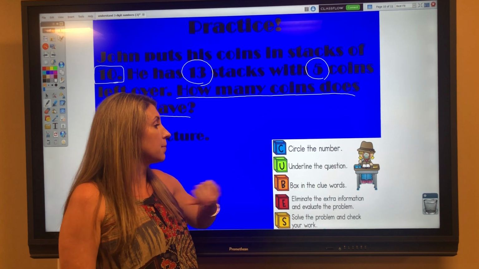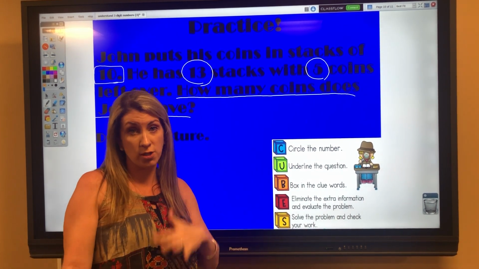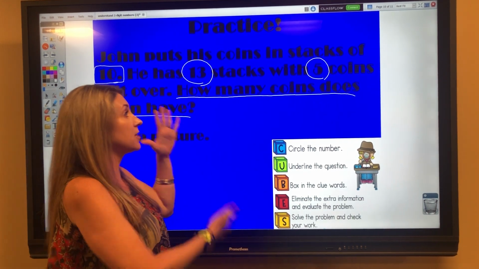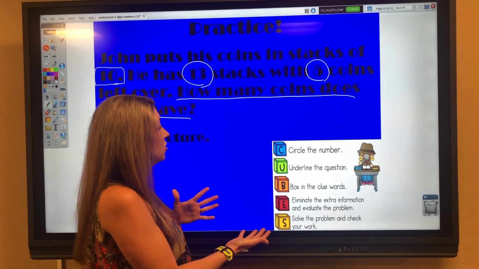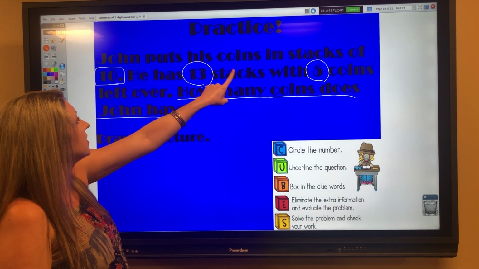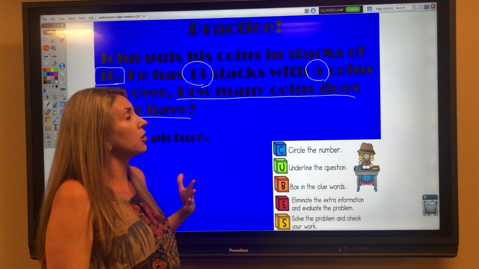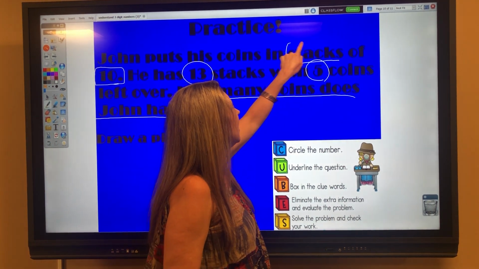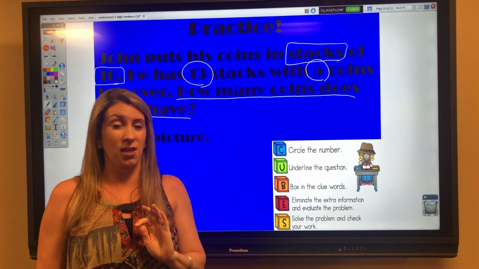The next step is to box in our clue words that will help us to decide if we are adding or subtracting to solve this problem, or if it's a problem like this, we may have to draw a picture to help us to solve it. John puts his coins in stacks of 10. I think that the words here that are important would be stacks, because that tells me that if I'm using stacks of 10, I think about those 10 rods that we were just looking at.